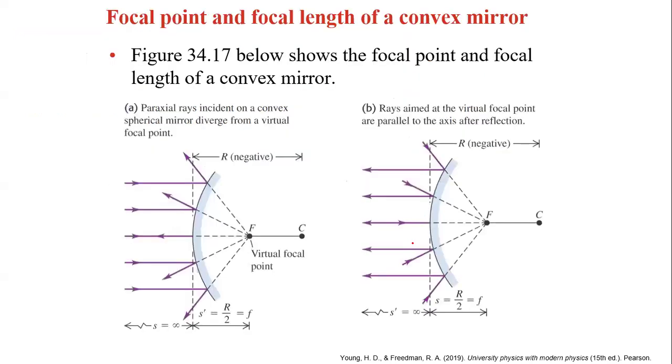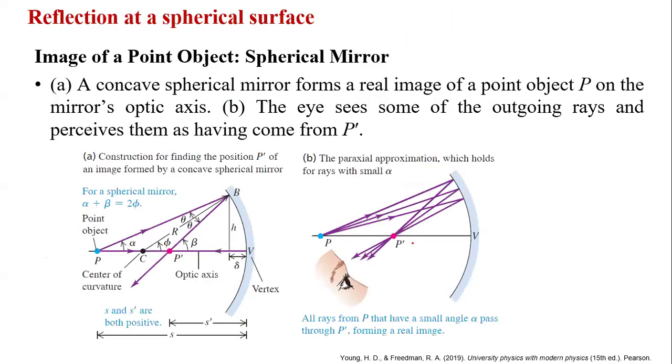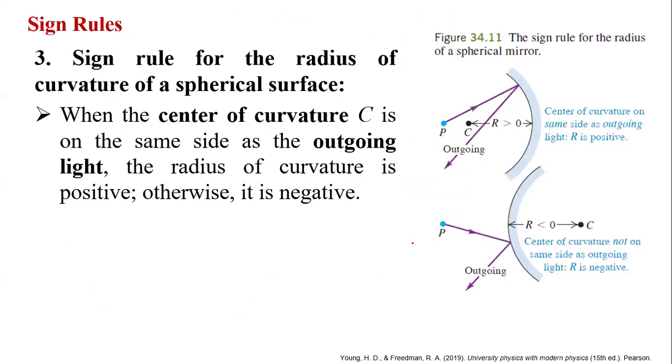Again, if you visit rule number 3: if the center of the curvature C is on the same side as the outgoing light, the radius of the curvature is positive, otherwise it's negative.